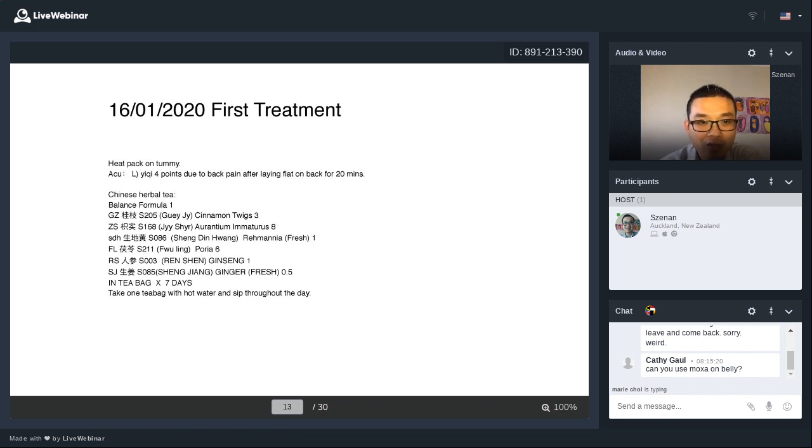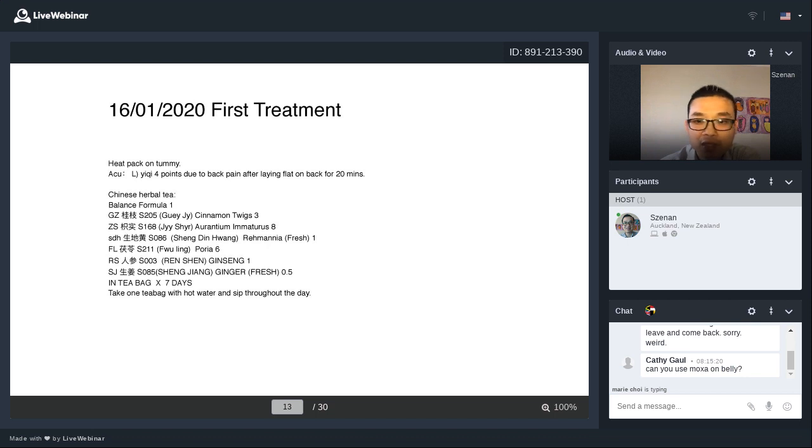All these herbs are for wood. We're not discussing herbs anyway. Put all these herbs in one tea bag. Put 7 tea bags for 7 days, and take 1 tea bag with hot water and sip through the day.